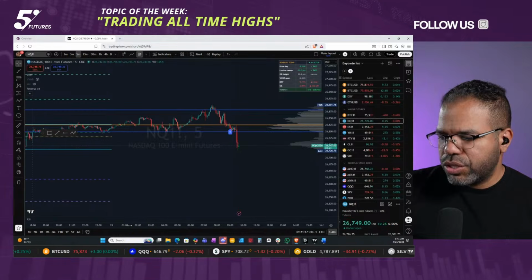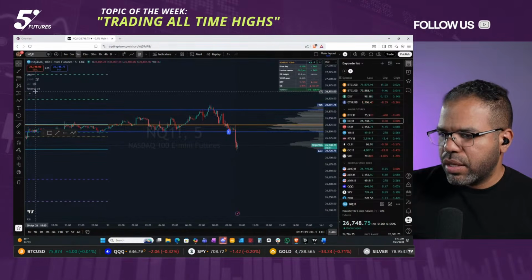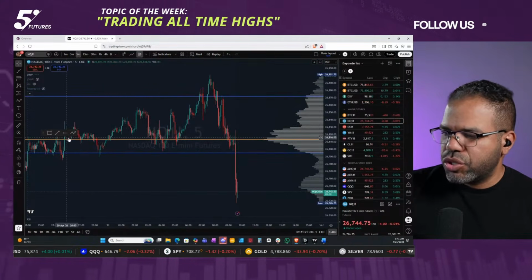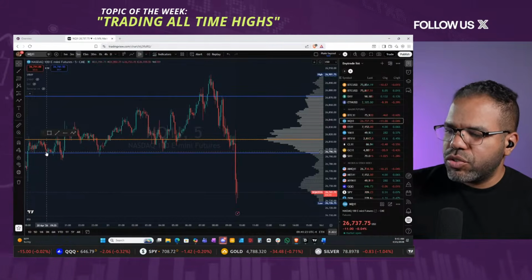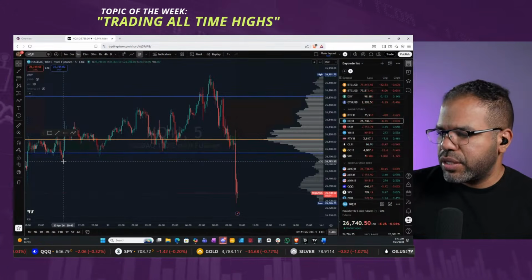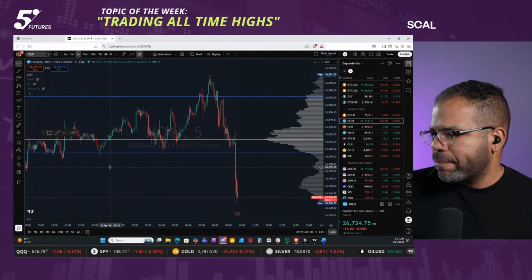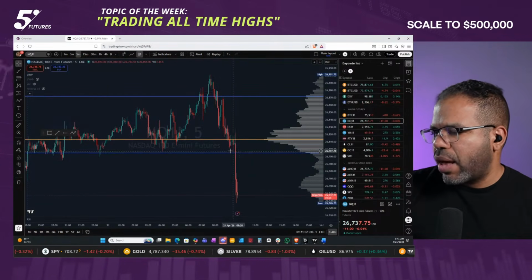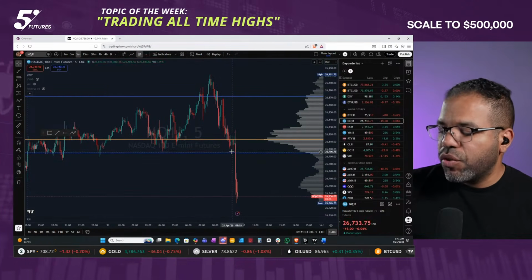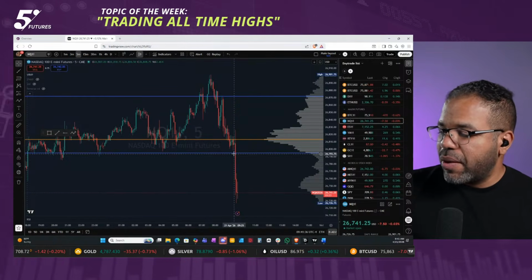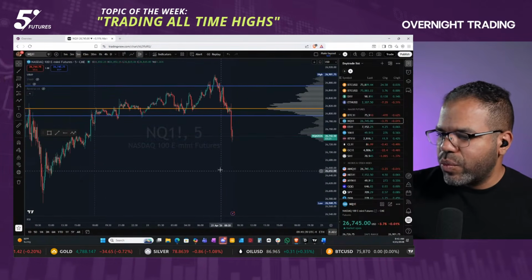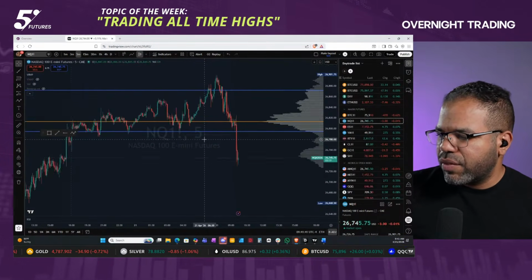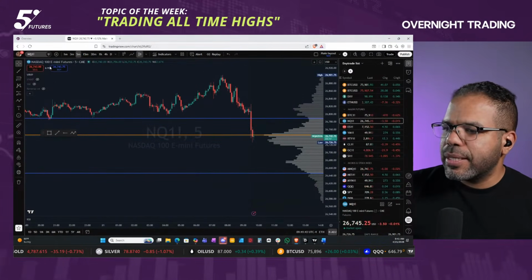This is showing me the volume that's been traded throughout all three sessions. And we took out this low volume area here, and we're going to retest those levels. So we'll see what happens.